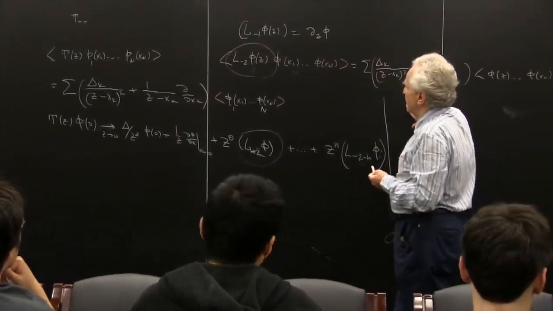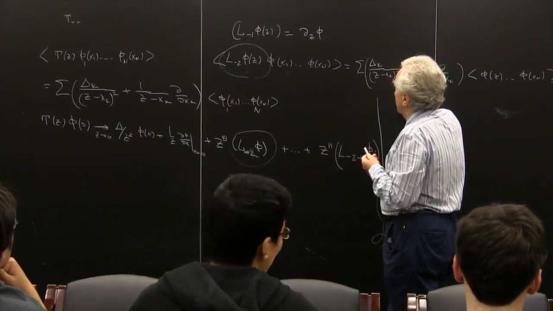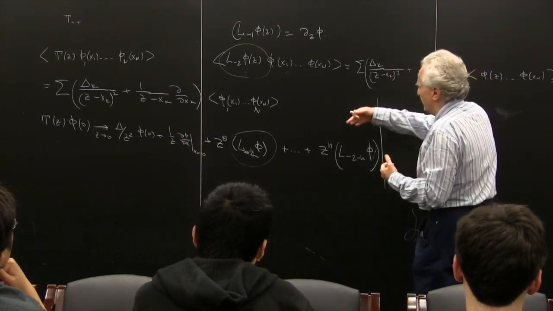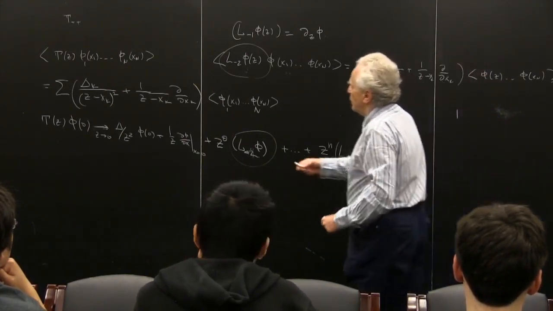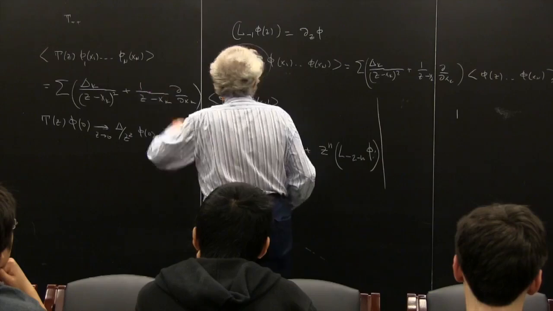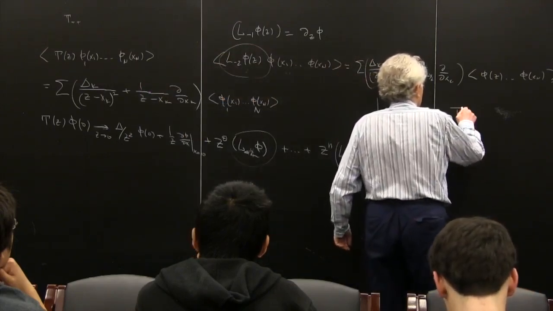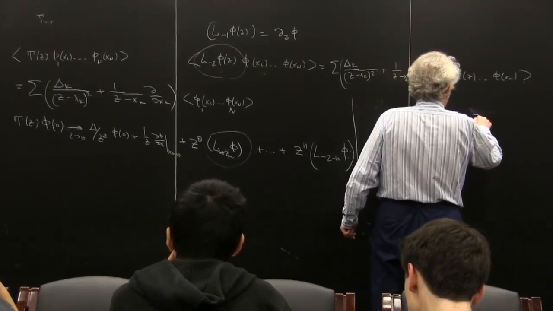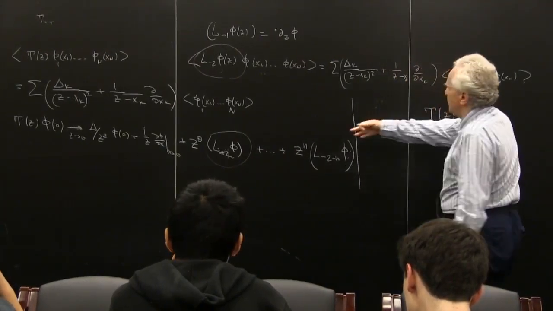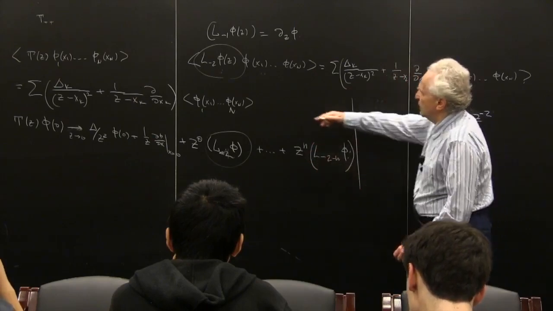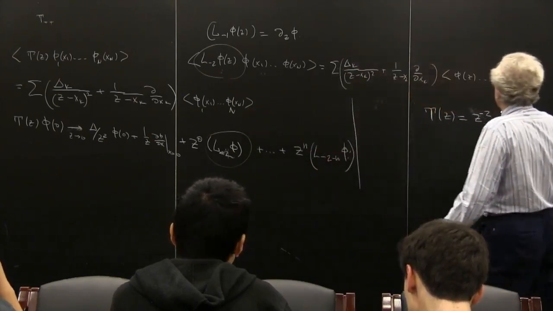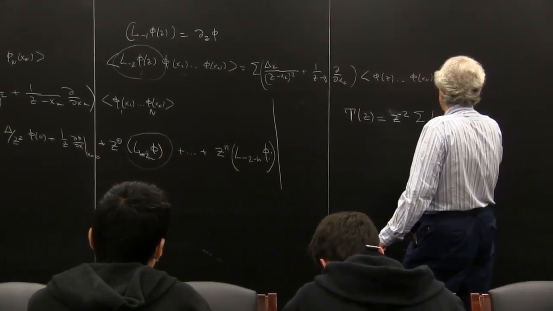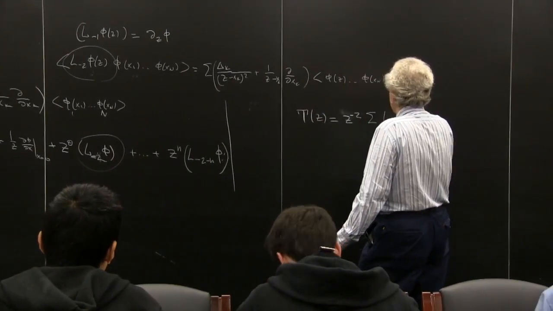Okay, and now we will see how to proceed. First of all, let us define, again in convenient notation, the Laurent expansion of the operator T of z. If you look at this formula, which we derived from the Ward identity, it is in principle L_n z to the minus n.